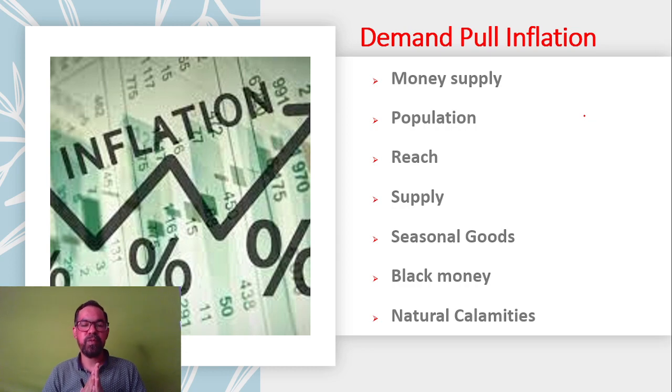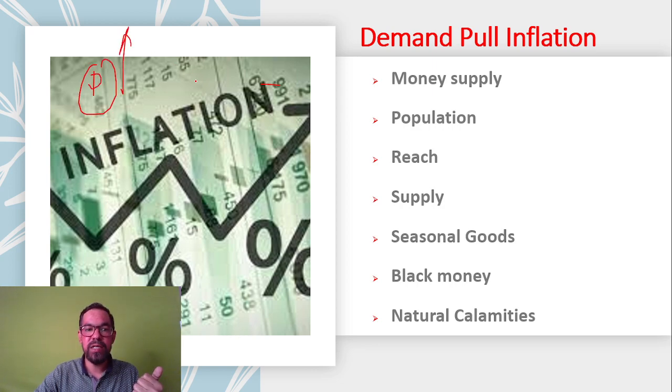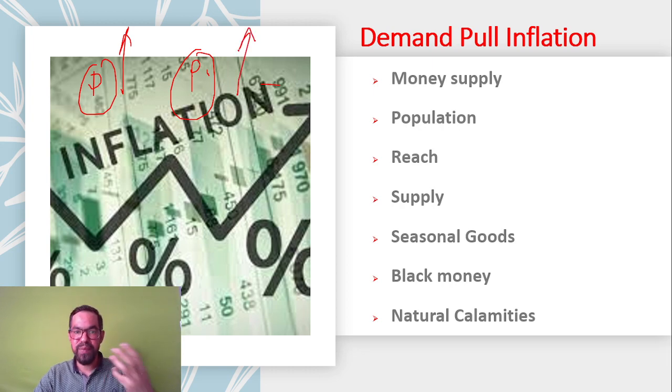Now what are the areas? As I told you, demand pull inflation is when demand for any commodity increases, the prices will definitely increase. This increase in prices is generally known as inflation. Now what are the reasons behind this increment in demand? There can be so many reasons, like money supply.